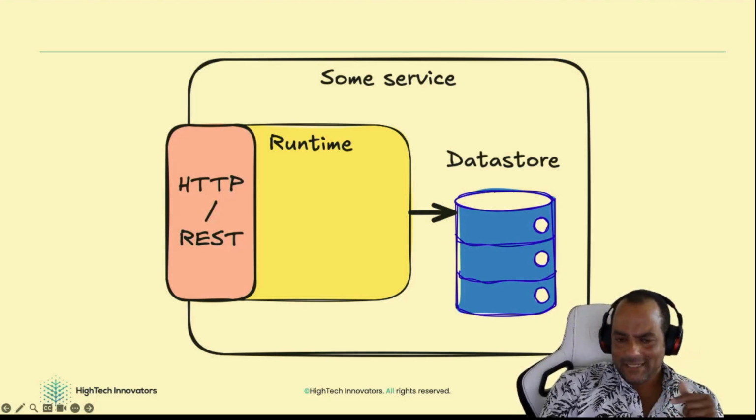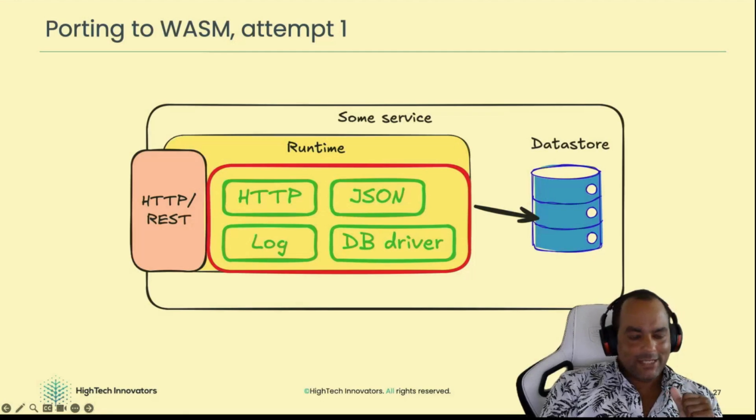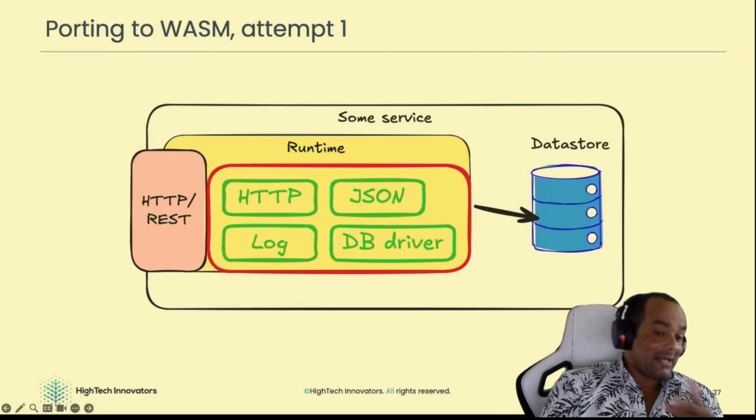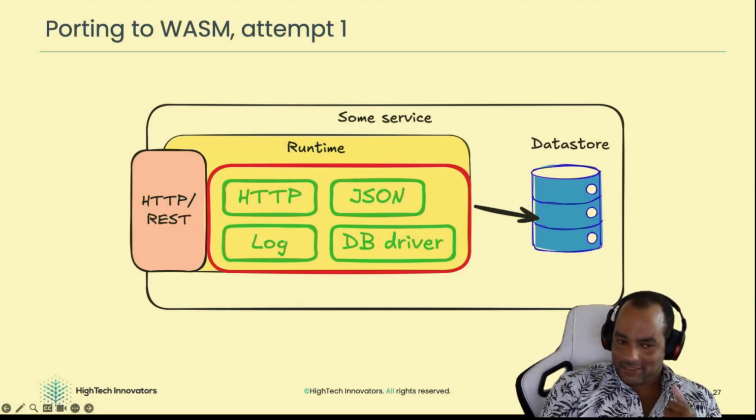If we zoom in a little bit more, then we also see that that runtime has a bunch of dependencies, right? You need to parse JSON, you need to parse HTTP. If you want to write log files, you need to include a log library. You need a driver for the database. So there's actually quite a lot of stuff in there, even though the code in it might be very simple.